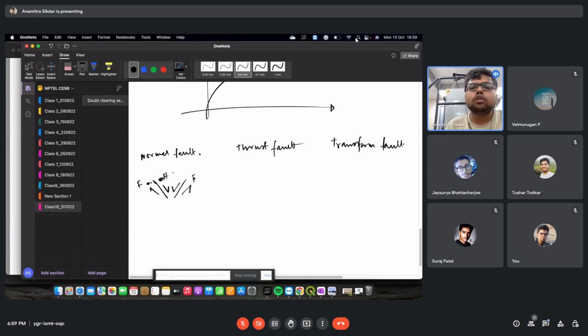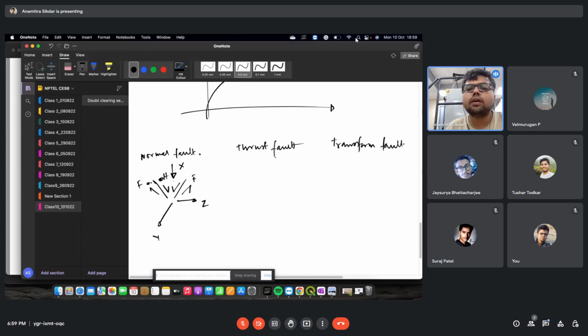The overall motion is along this direction. He said that x will be perpendicular to the surface, and yz will be in this direction. So this is y and this is z.